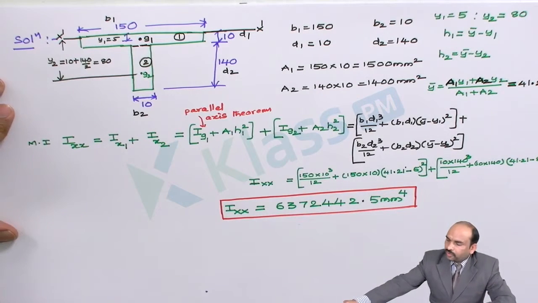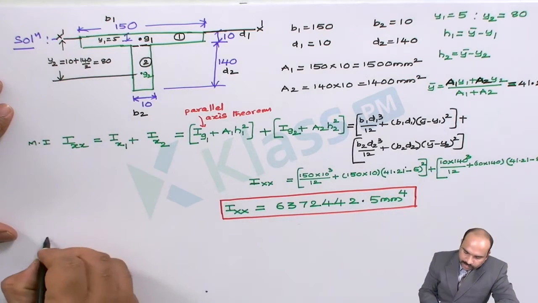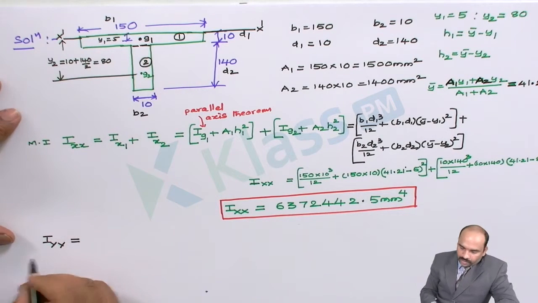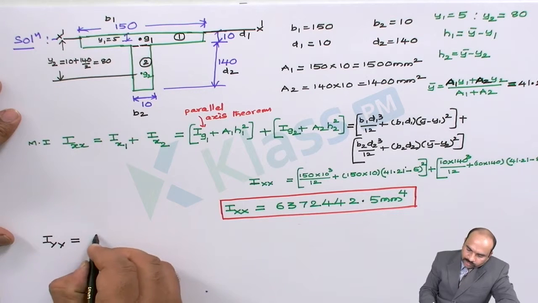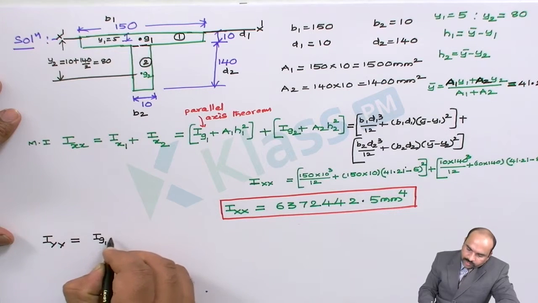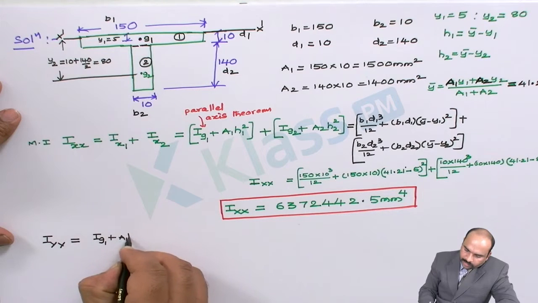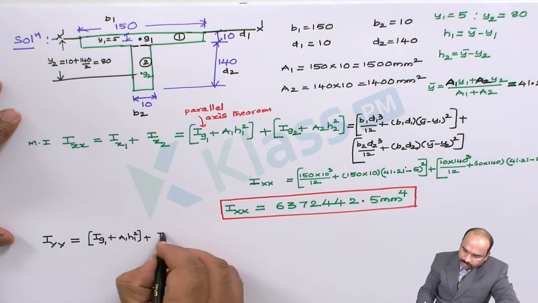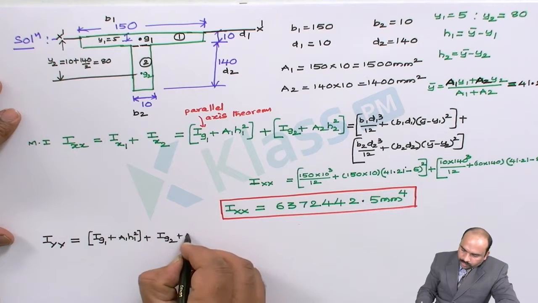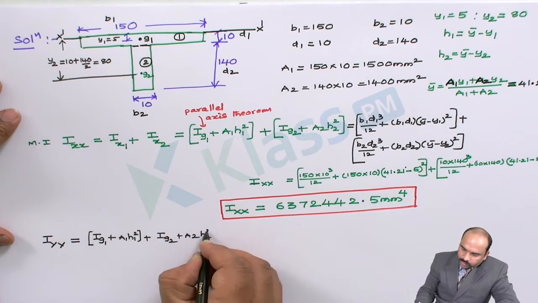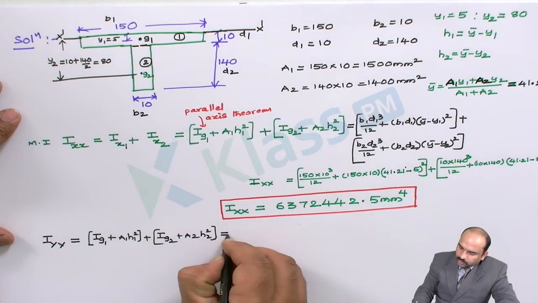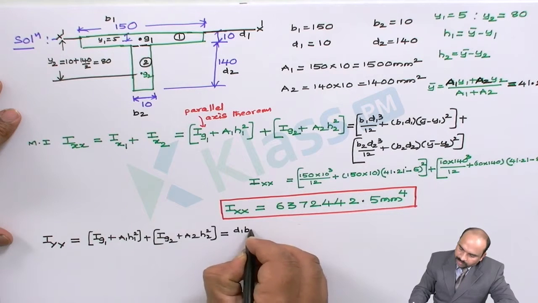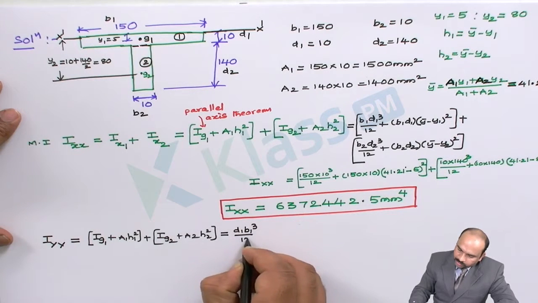Now let us calculate the moment of inertia about the y-axis. Iyy, I'll write directly: that is Ig1 plus A1 H1 square, plus Ig2 plus A2 H2 square. This can be written as d1 b1 cube by 12.